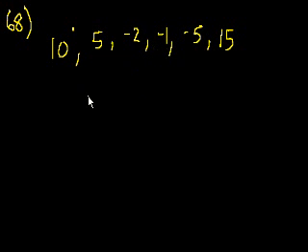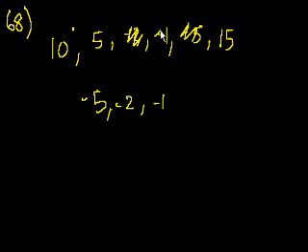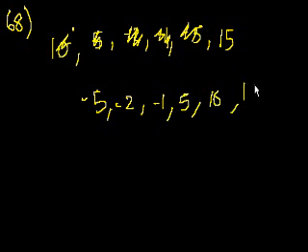So the smallest of these numbers is minus 5. Cross it out. Then we have minus 2. Cross it out. Then we have minus 1. Cross it out. Then we have 5. Cross it out. Then we have 10. Cross it out. Then we have 15. So this is interesting about median.